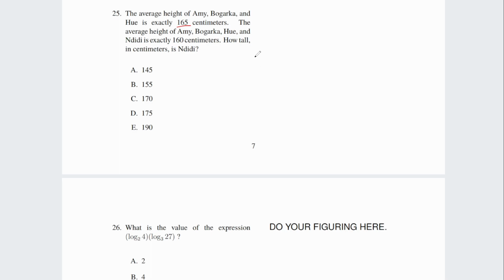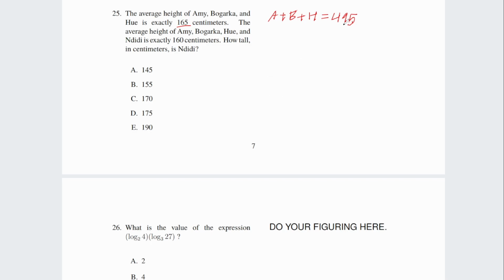In other words, Amy and Bagarka and Away are a total of 495 centimeters if you laid them all end to end.